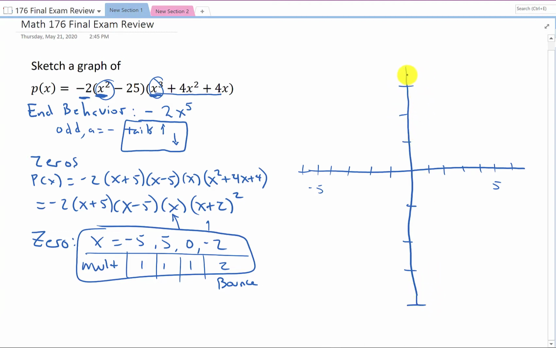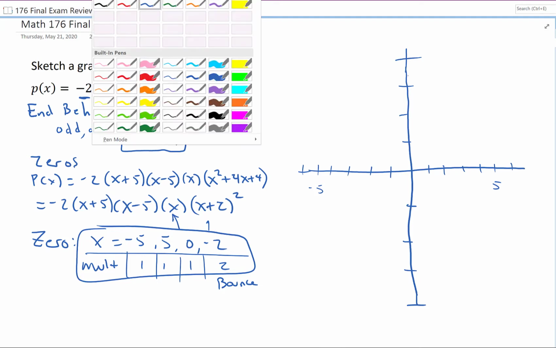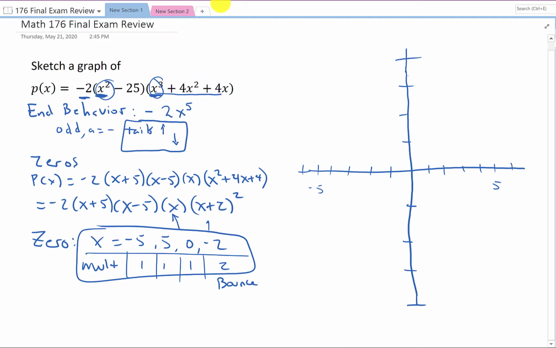Now, I don't know anything about the y-axis yet, but I do know a lot about the x-axis. So, for my graph, let's make it in purple. I have a zero right here. At 5, I have a zero. At 0, it's going to cross right at the origin, and at -2, I have a zero. So the function is going to hit these points.